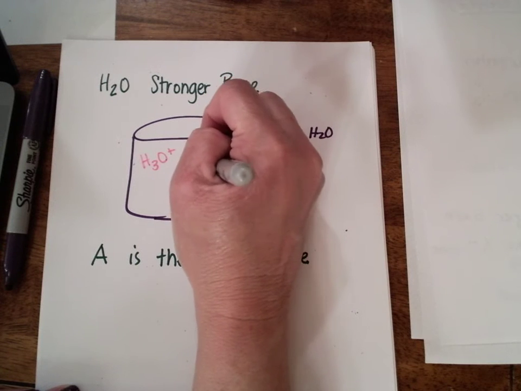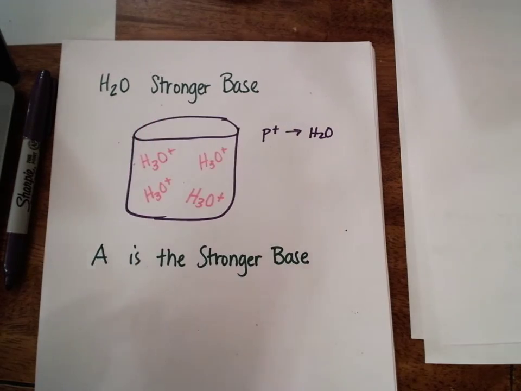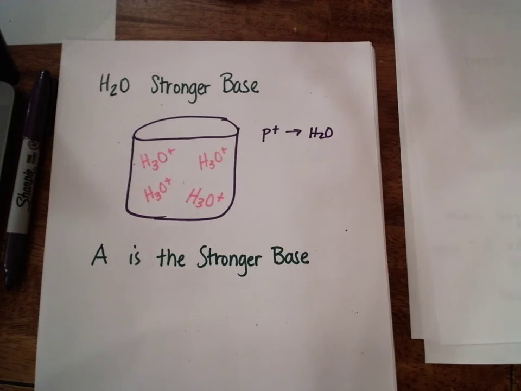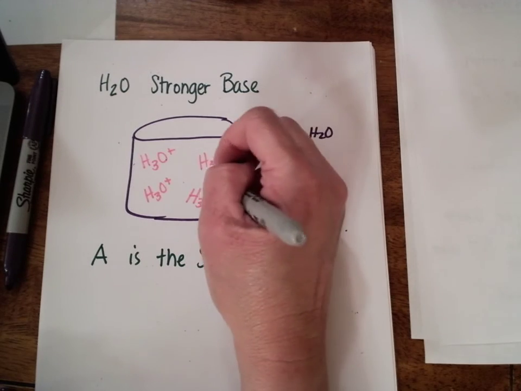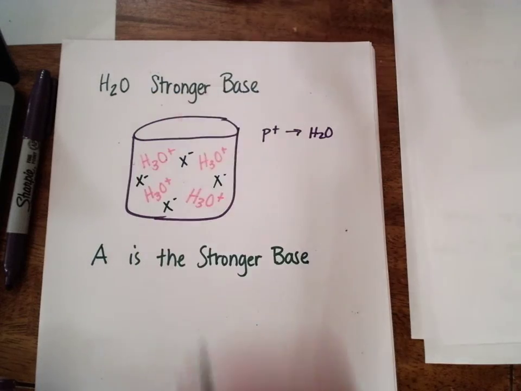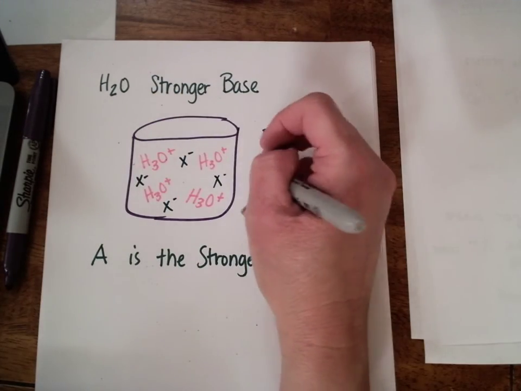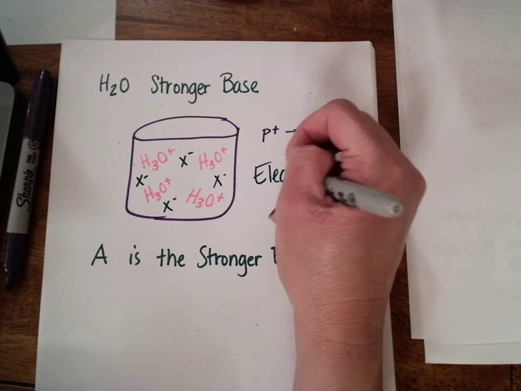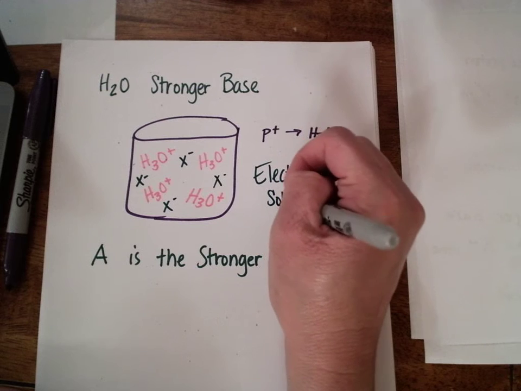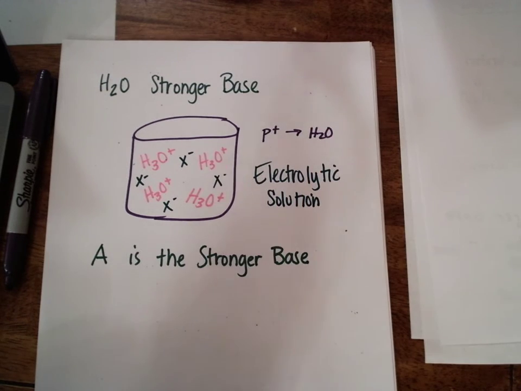Of course, I'll still have some water left. And also, because we have dissociation going on here, I'm also going to end up with some of my X minuses freely roaming about. So this is really what I would call an electrolytic solution due to strong dissociation.